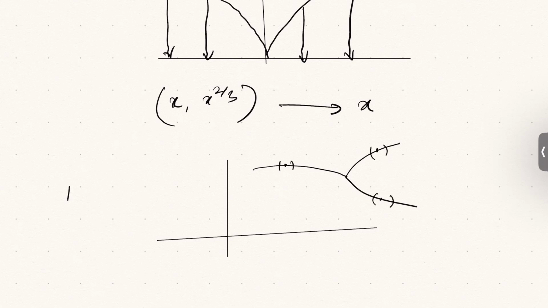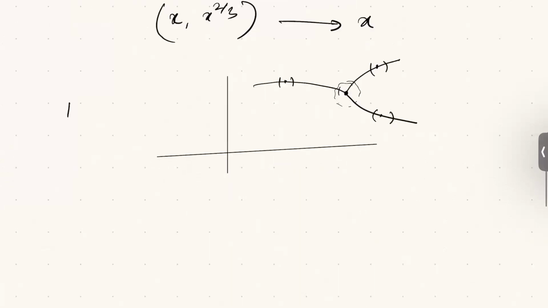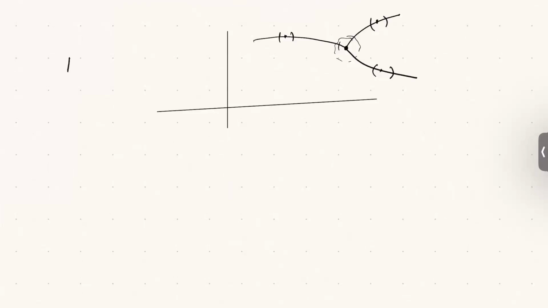But the only problem is with this point. I cannot construct a bijective map to some R^n if I take the neighborhood around this point. No. Okay. So these are the examples of topological manifolds. Now let us consider a few terminologies.